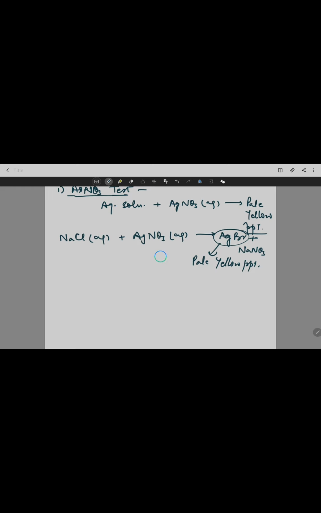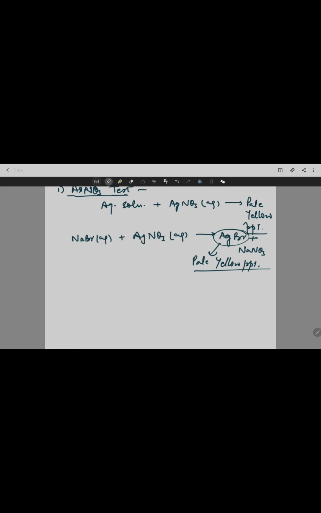So that kind of precipitate is obtained, and here it is NaBr, not NaCl. This pale yellow precipitate will be insoluble in ammonium hydroxide. They won't be soluble. So that is how we can test it further.